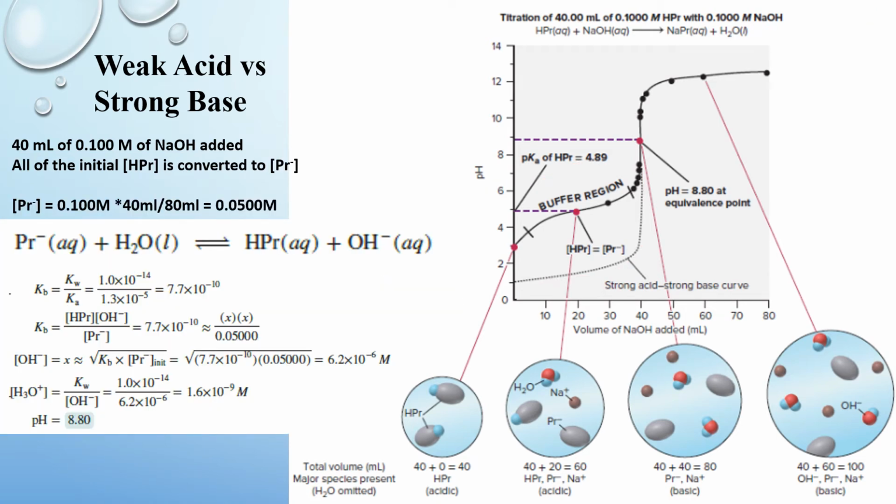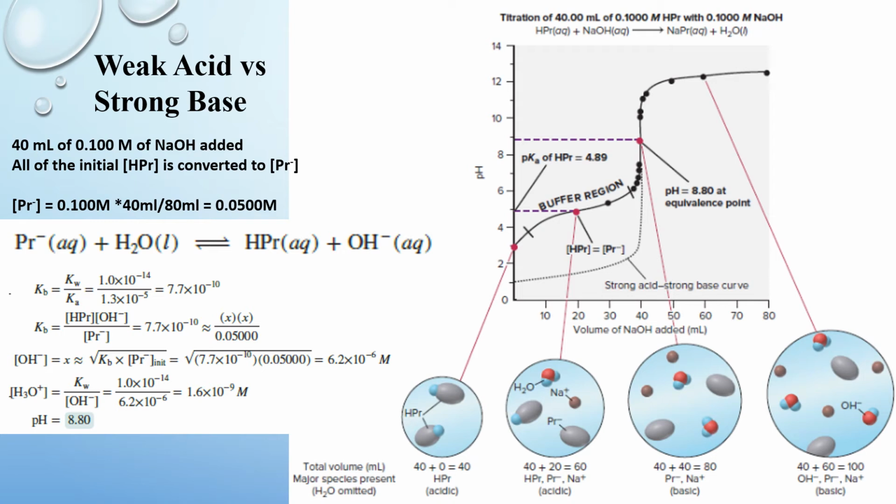Now let's take a look at what happens at the equivalence point. We know that at the equivalence point, the amount of the protons equals the amount of the base. Although we start with a weak acid, because a weak acid can still react completely with a strong base, we can use the same approach to figure out the equivalence condition.